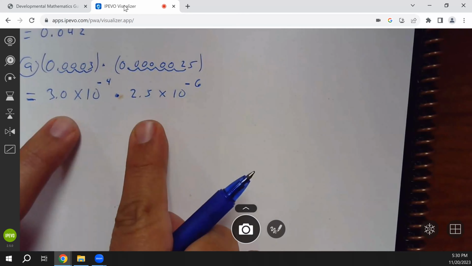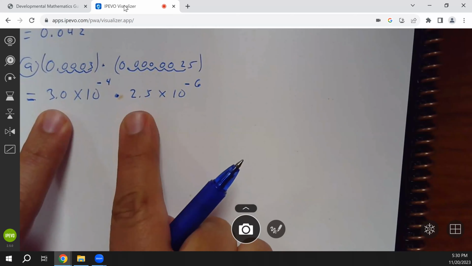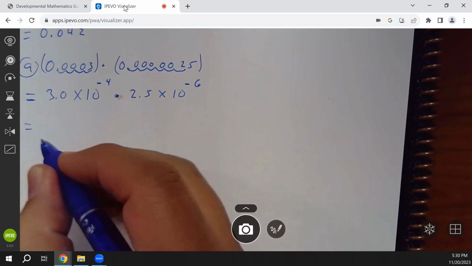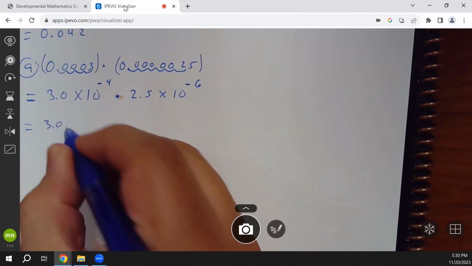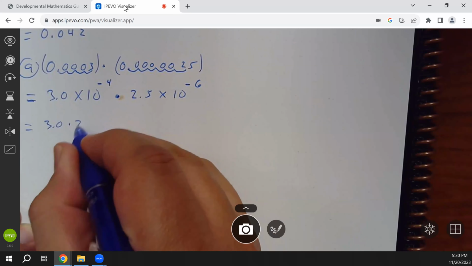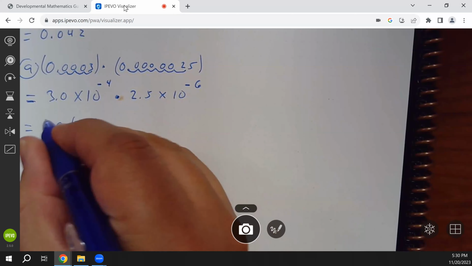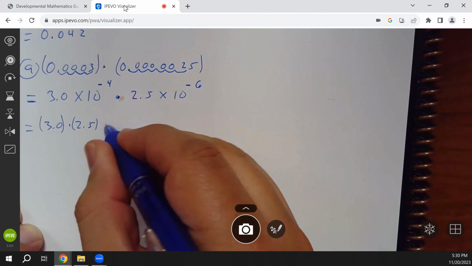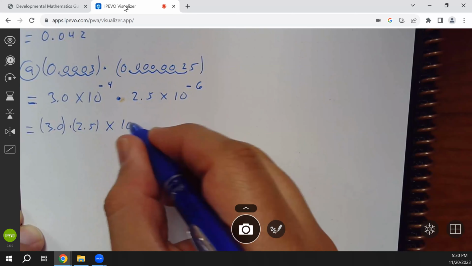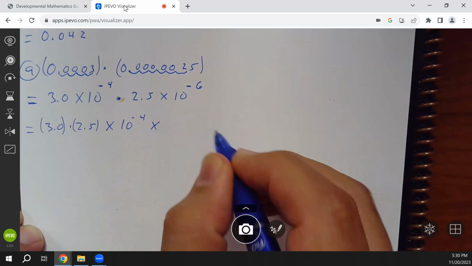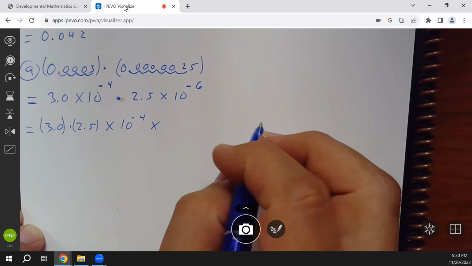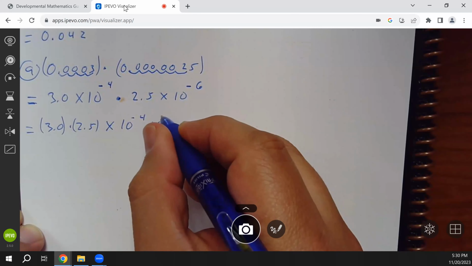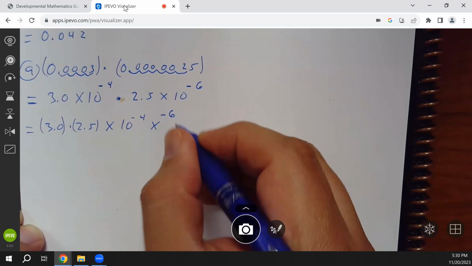Once it's in this form, just do basic multiplication. What's 3 times 2.5? 7.5. Right.